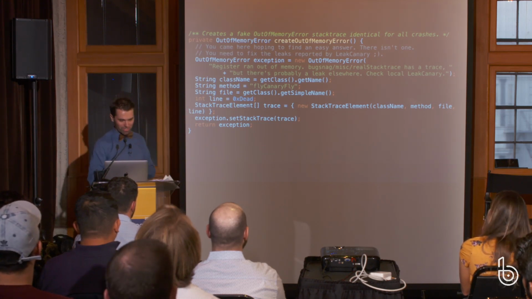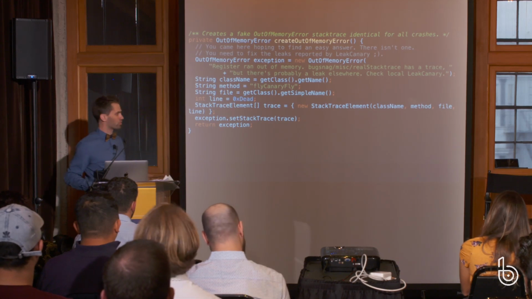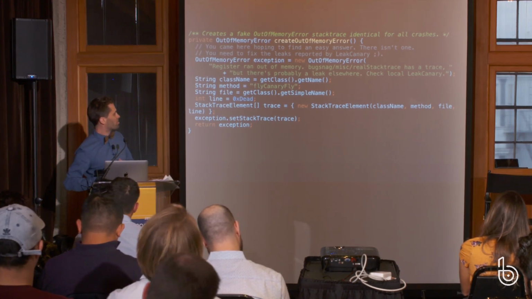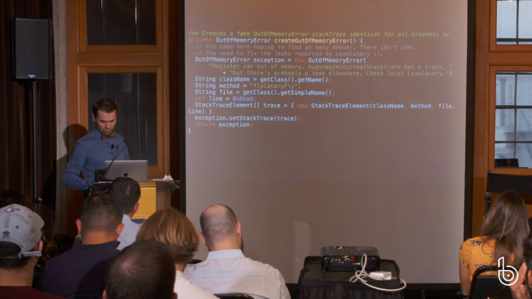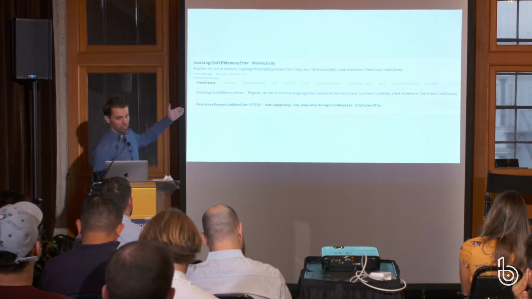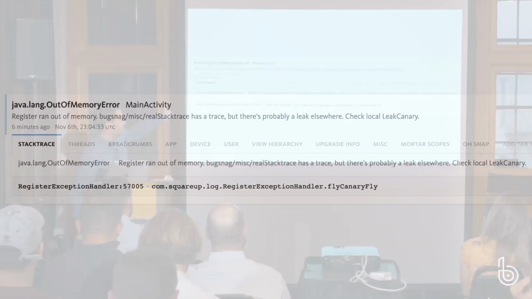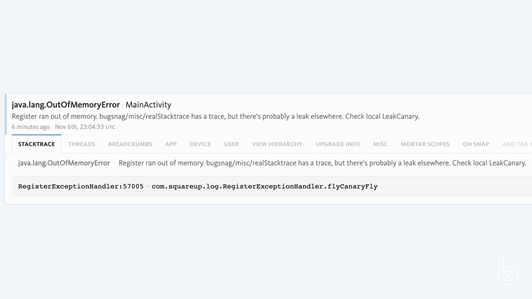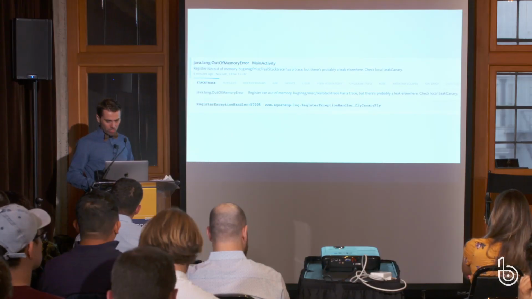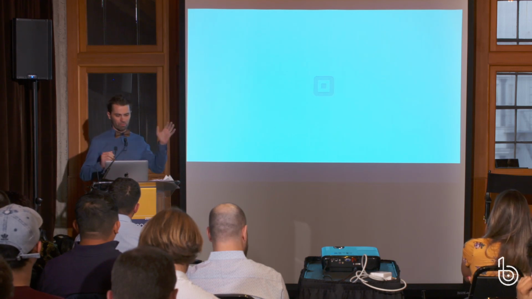It's just a fake stack trace, and we tell people, you should go fix the memory leaks. And so in Bugsnag, we end up with this one-line stack trace that is very clear. And even our ops team will sometimes see that. They'll search for this in Jira and find that one place and say, hey, it went up again. So that's pretty much it.